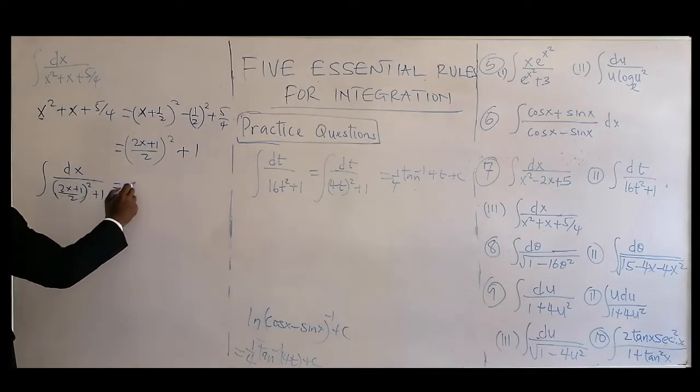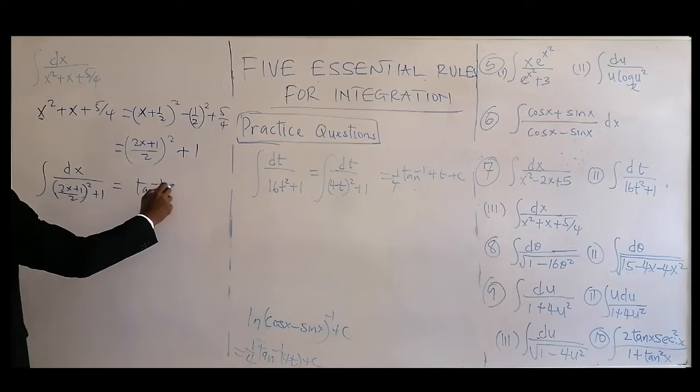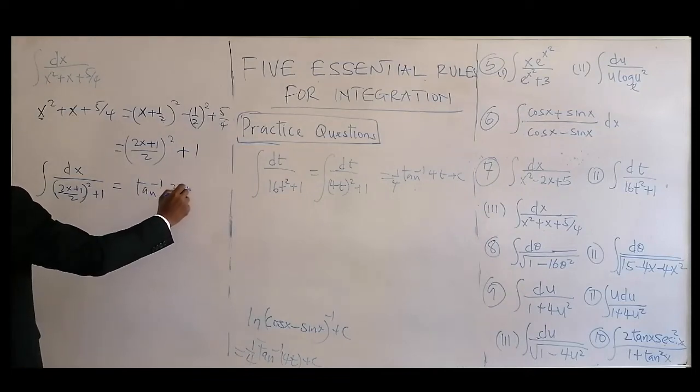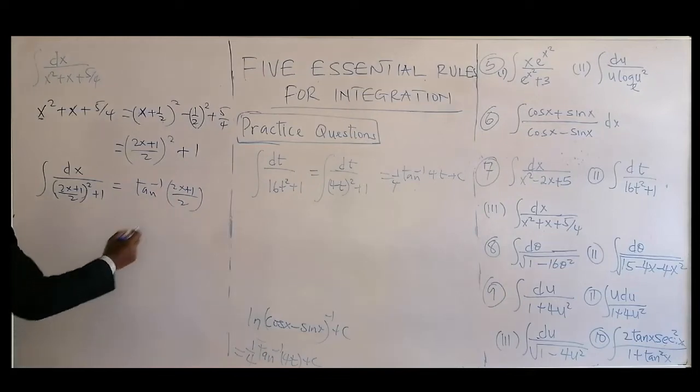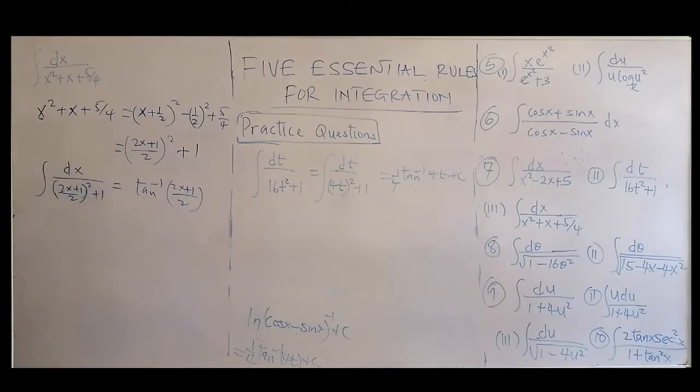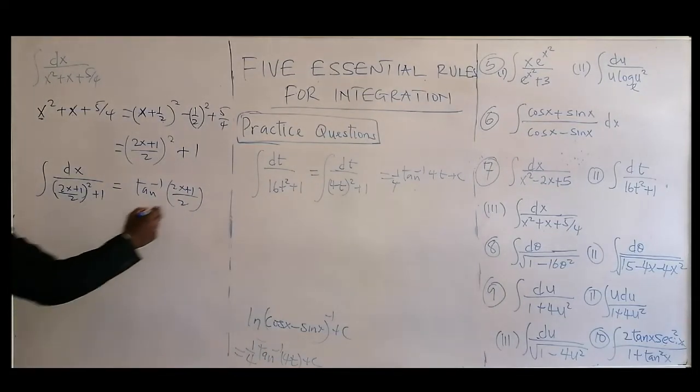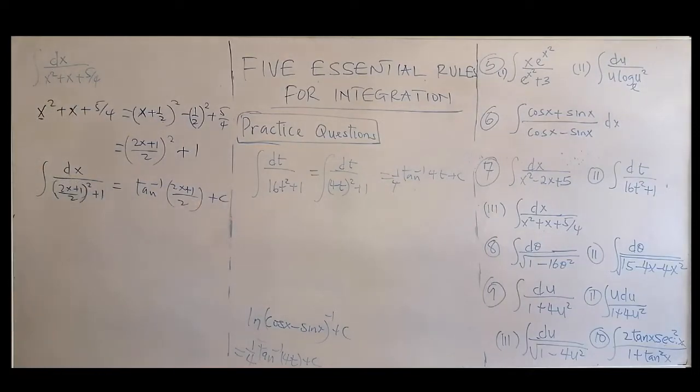And this will now become arctan of 2x plus 1 over 2, divided by 1, so it has no difference. Plus c.